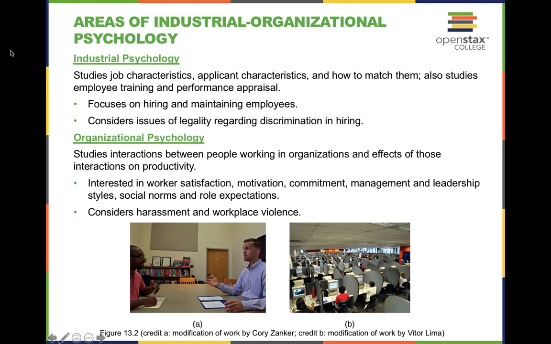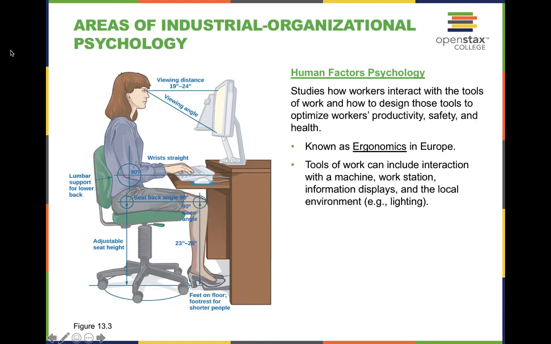So they're more so interested in worker satisfaction, motivation and commitment, management and leadership styles, social norms, and role expectations. So when you put them together, IO psychologists work on both of these entities.